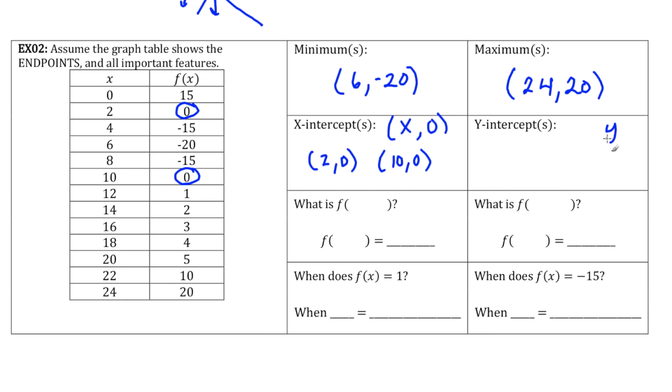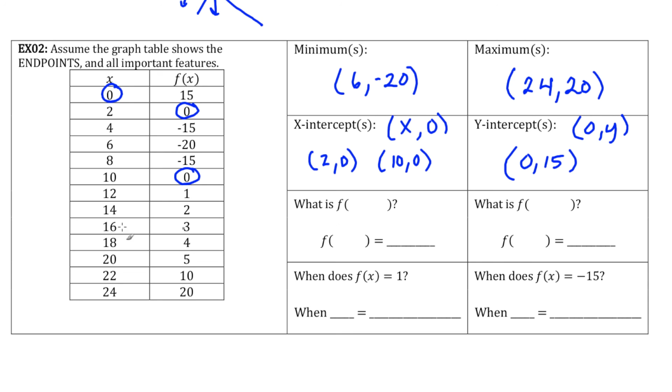It can be somewhere on the y-axis, but the x will always be 0. It's not always going to be the first one, just so you know. Sometimes it's somewhere in here, but where the x is 0, so 0, 15.